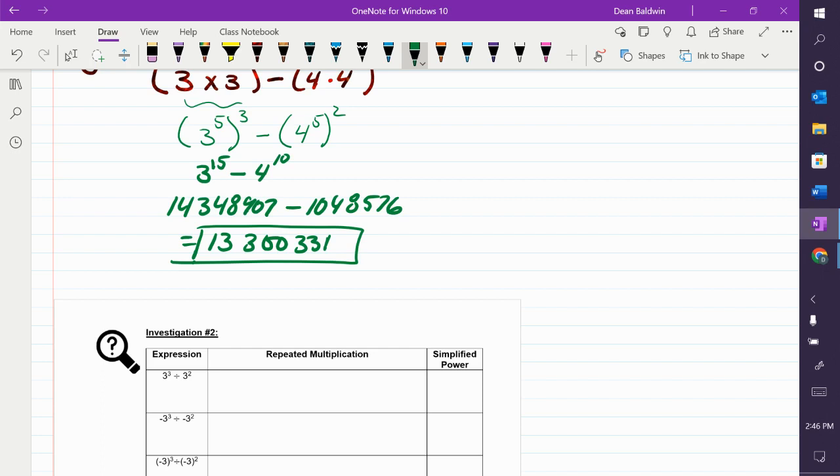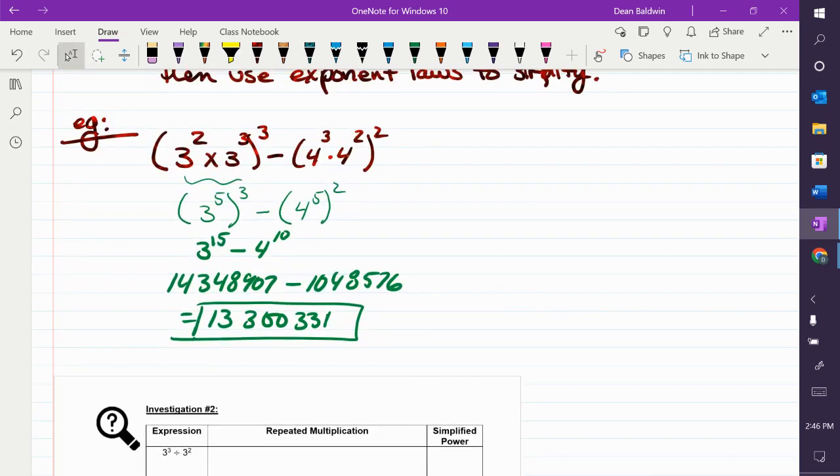The important part is from here to there. Simplifying it first. Now you could go 3 squared is 9, 3 cubed is 27, 27 times 9 is whatever, raised to the 3, and so on. This seems a lot easier. It is. All right. Example number 2.